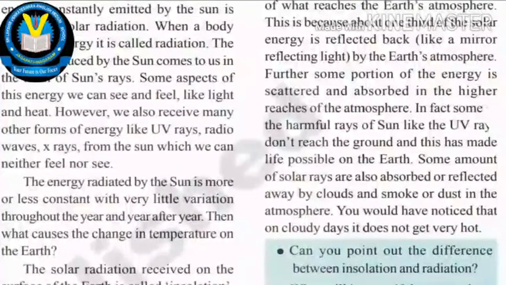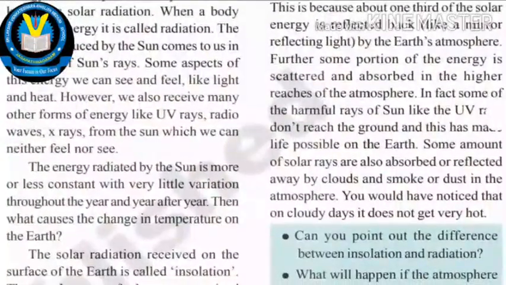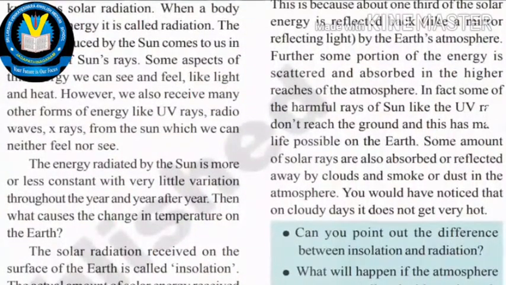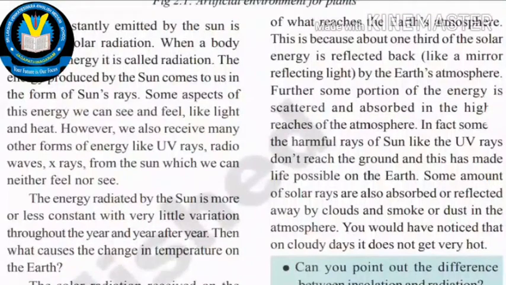The solar radiation received on the surface of the Earth is called insolation. So, we get a lot of radiation from the sun. What comes onto the Earth is called insolation because it is coming in.